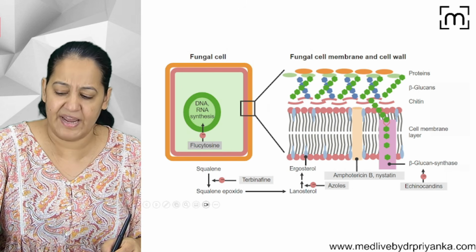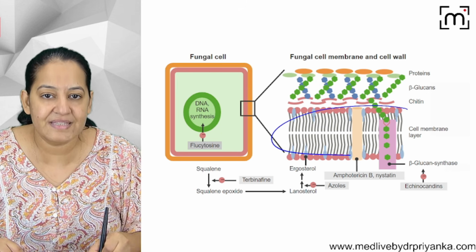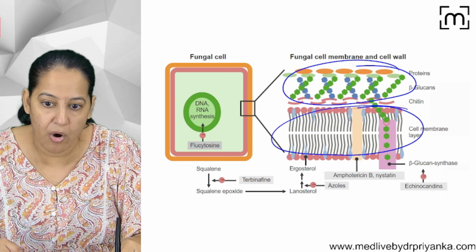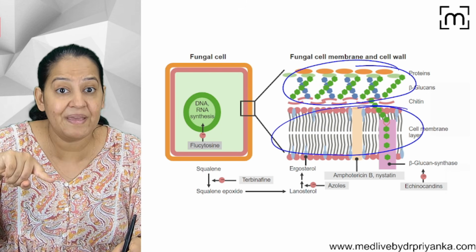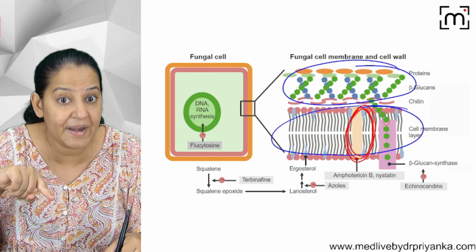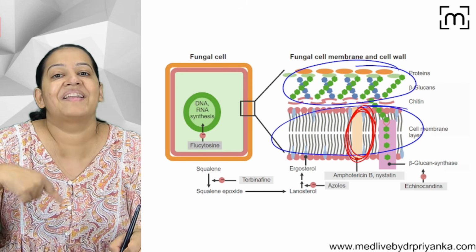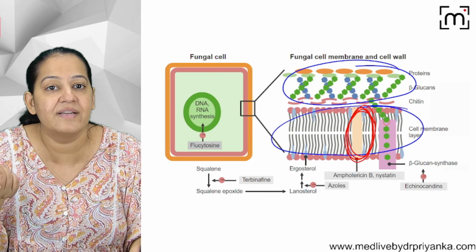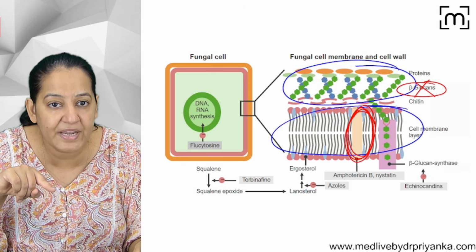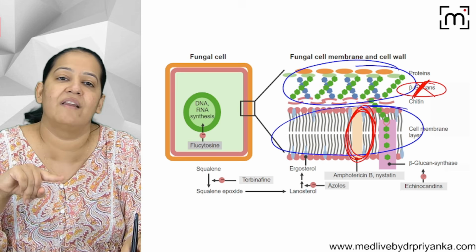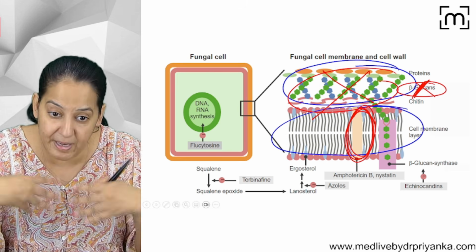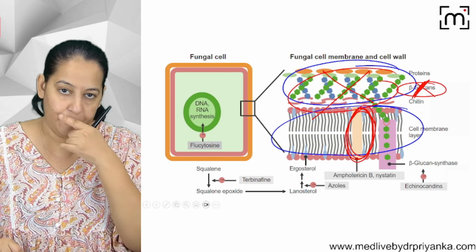In this diagram, you can see this is the cell membrane and this is the cell wall. Amphotericin B produces pores in the cell membrane by binding with ergosterol, and Caspofungin or Echinocandins act on the cell wall and inhibit beta-1,3-glucan. So the cell wall is not formed and becomes weaker. I hope you all got it.